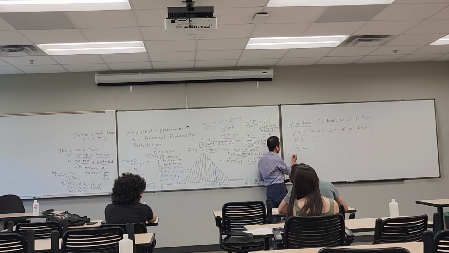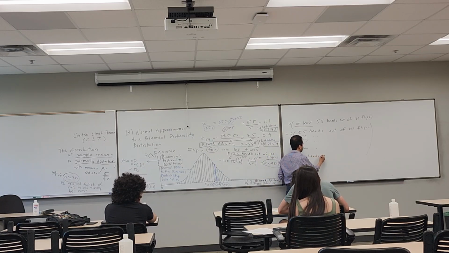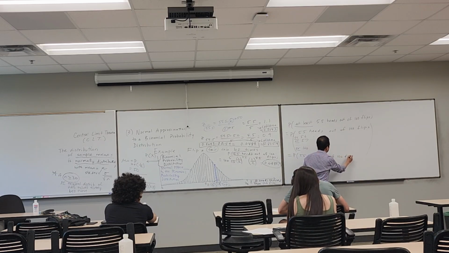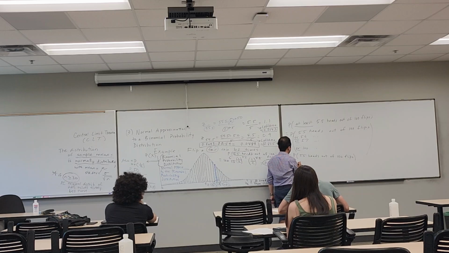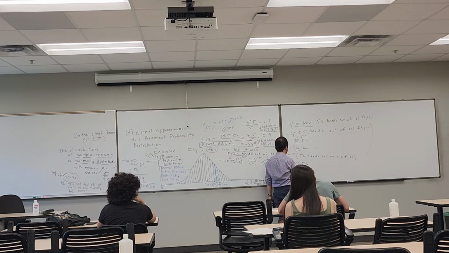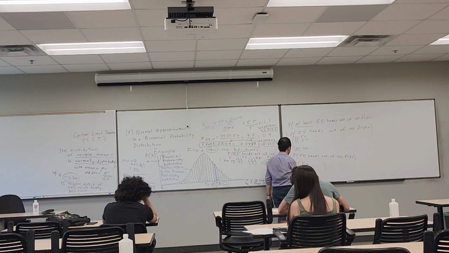So this would be the probability of 55 heads out of 100 flips, plus the probability of 56 heads, plus 57 heads, and so on, all the way up through 100.